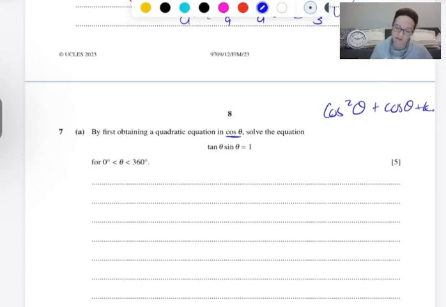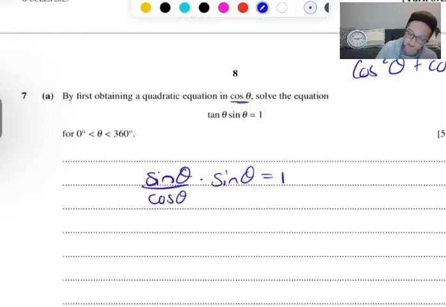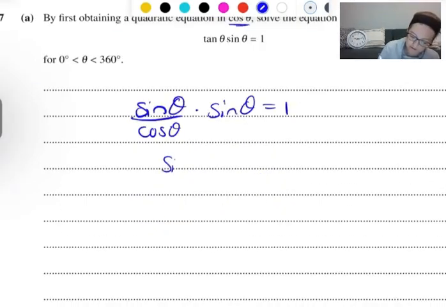We only have 2 identities in Pure Math 1. I don't have a cos anywhere here, so I'm just going to start changing what I can. I know that tan is sine over cos, and that's multiplied by sine is equal to 1. So now I've got sine times sine, so I've got a sine squared.